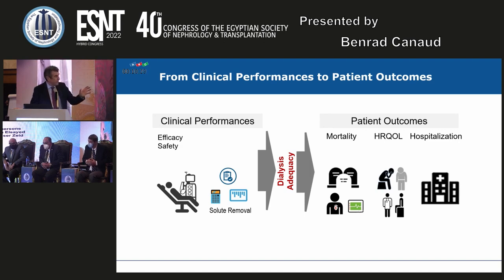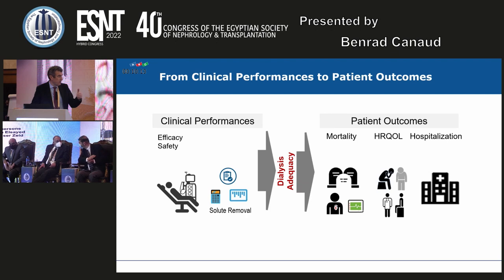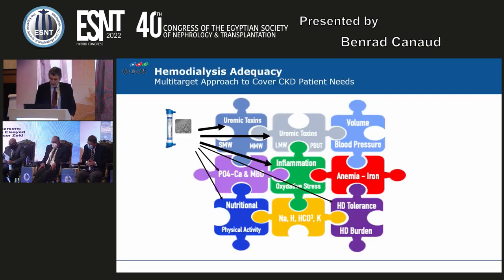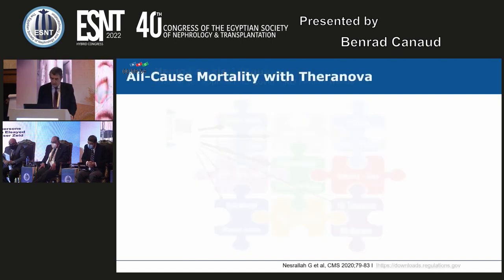So patient outcome in terms of mortality, quality of life, hospitalization is something which is called a hard clinical endpoint. And this is what we are looking for in the patient. It's not just the clinical performances. And this is, of course, the way to make dialysis adequacy. You want to correct all these parameters. It's not just removing some selected solute.